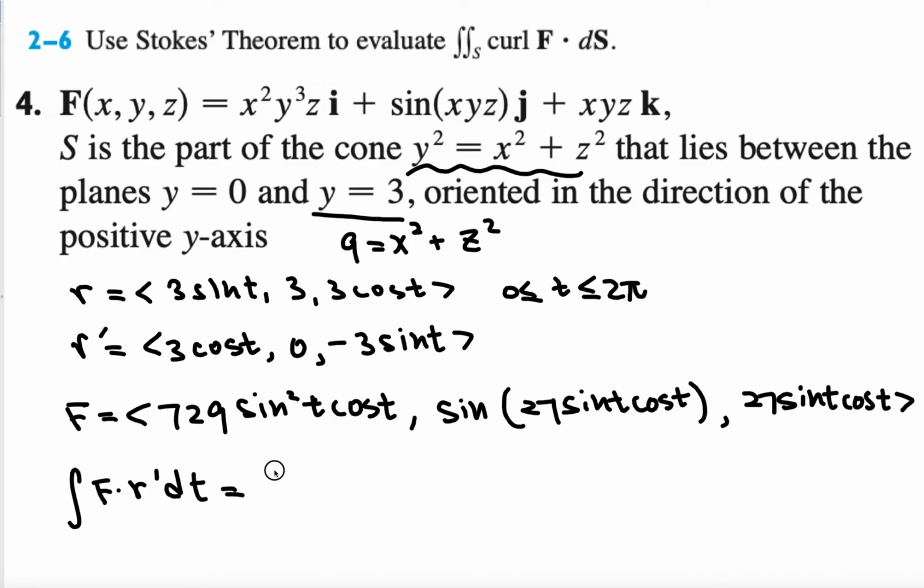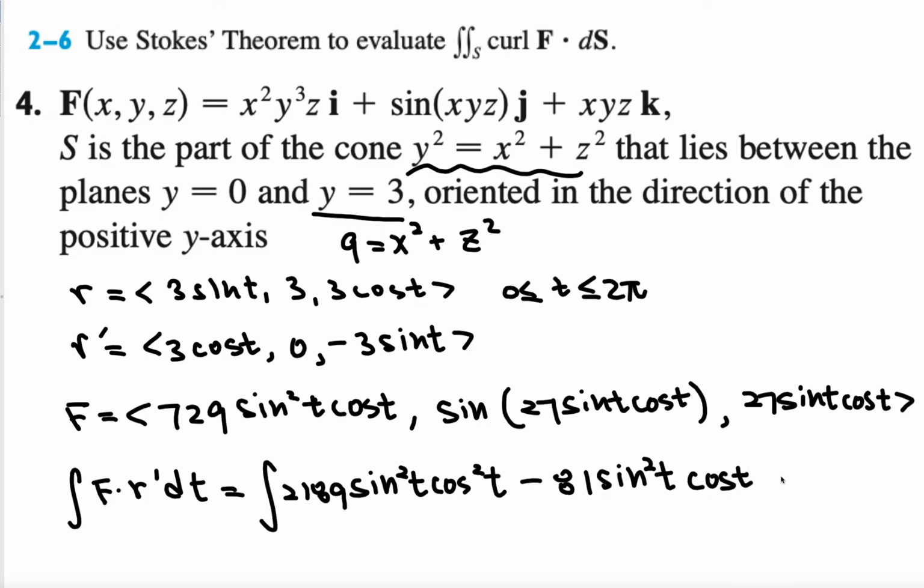When I multiply these two, what do I end up getting? 2,189 sine squared t cosine squared t. The second one becomes 0, and the third one becomes minus 81 sine squared t cosine t. It goes from 0 to 2 pi.